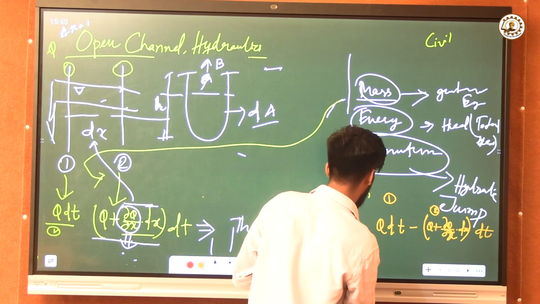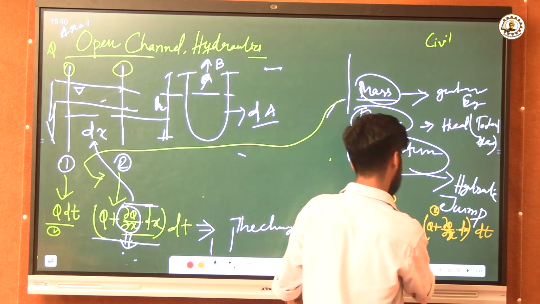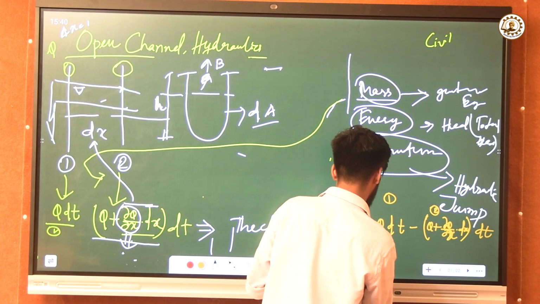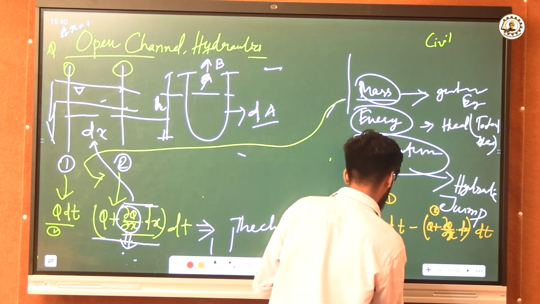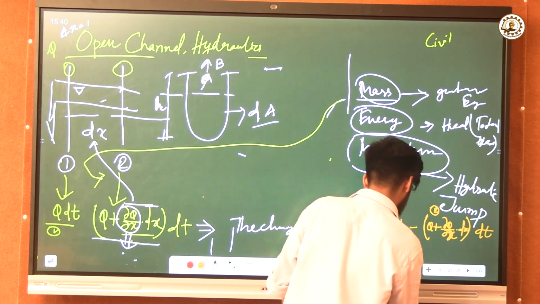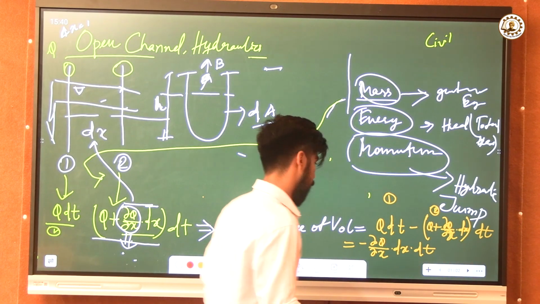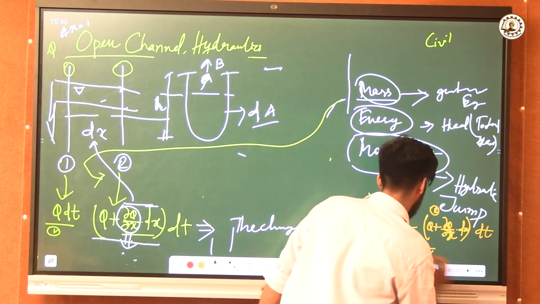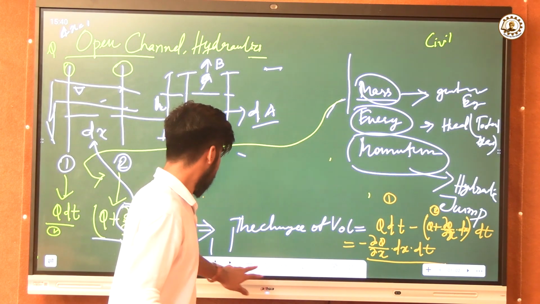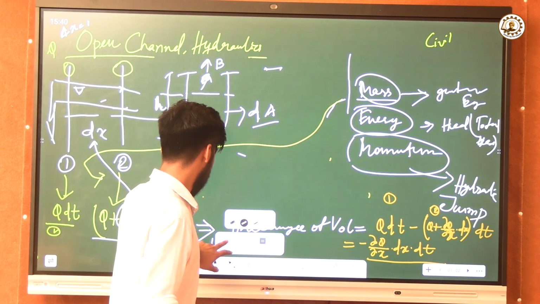So that thing came out as, the Q dt terms cancel each other, minus del Q del x into dx into dt. Remember this part? I will erase the remaining part of the equation.